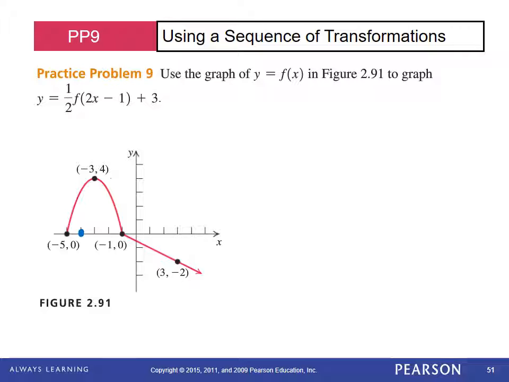Negative 3, 4 now becomes negative 2, 4, got that one. This becomes 0, 0 here. And this becomes 4, negative 2. Again, just putting in dots so at least I know where that's at. That's horizontal shift, right? Next is any stretching.